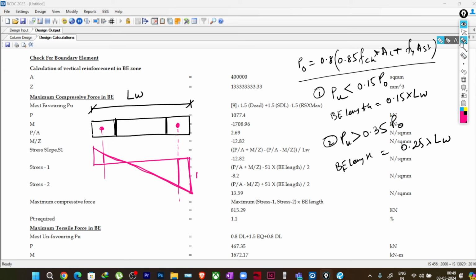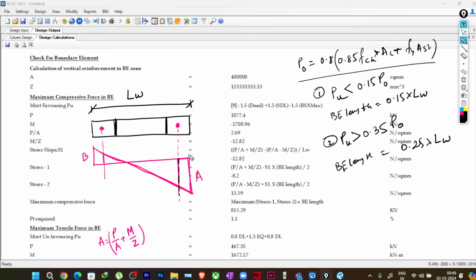Suppose this is my A, this is my B. Okay, so I know what the stress is here, A is equal to P by A plus M by Z, correct? This is A. So now if I want to find out the stress at this particular location, how will I find it?